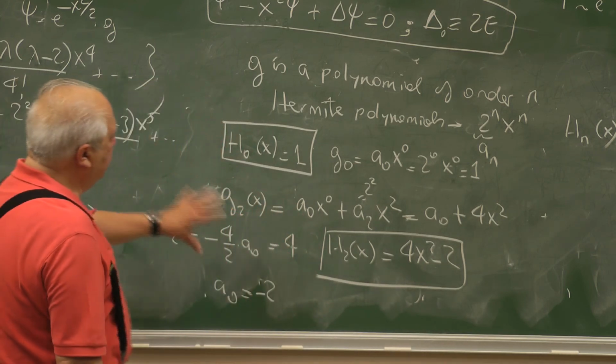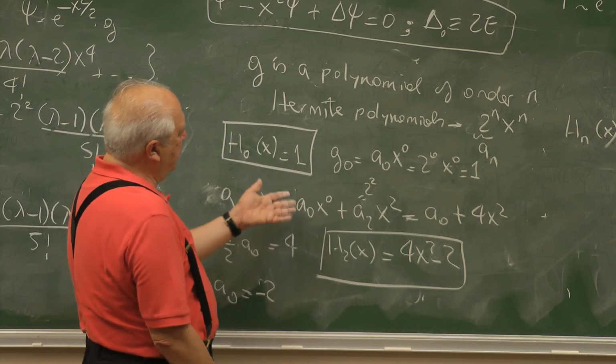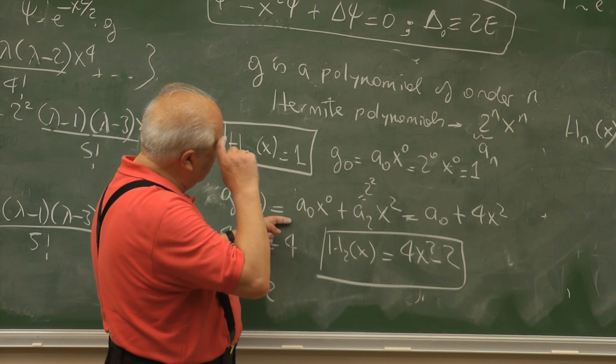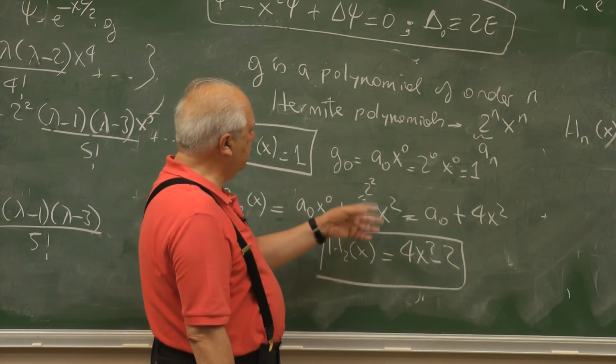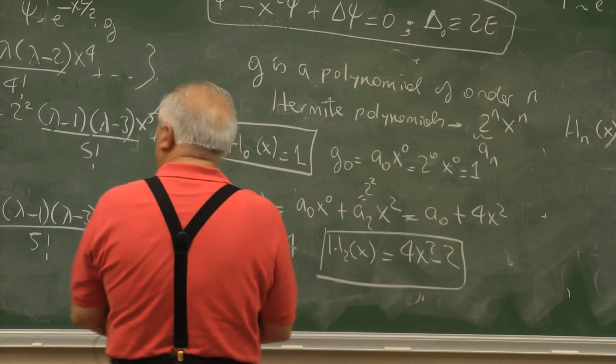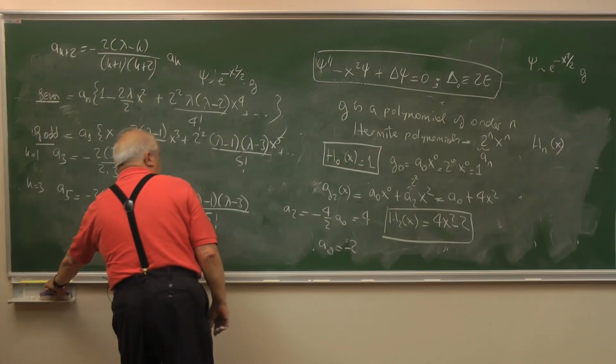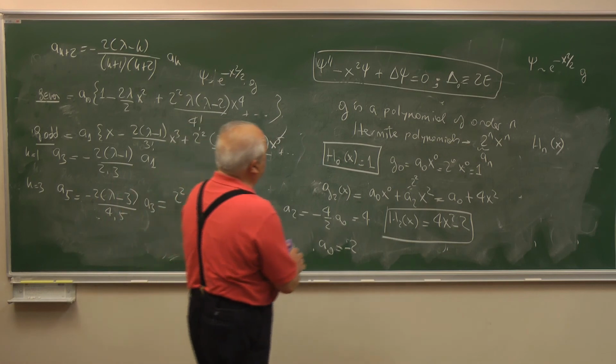So H polynomials are just proportional to G polynomials, such that the power of x to the n is 2 to the n. Let's do it with H1.